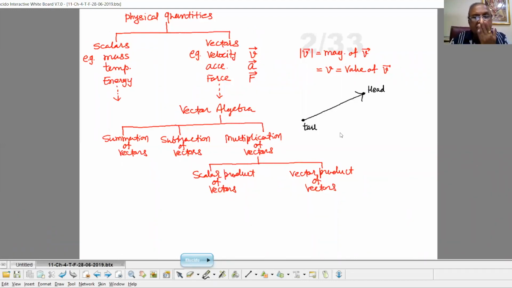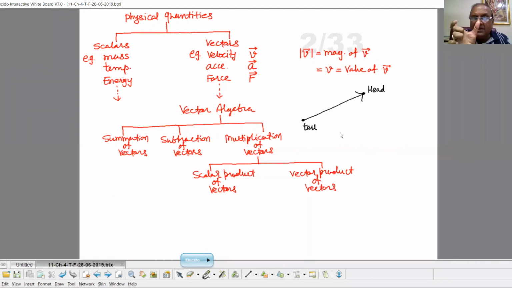You understood such scaling when you drew graphs in 9th and 10th. So corresponding to 100 kilometer per hour, we have to take 10 centimeter. Now prepare a vector of length 10 centimeter.